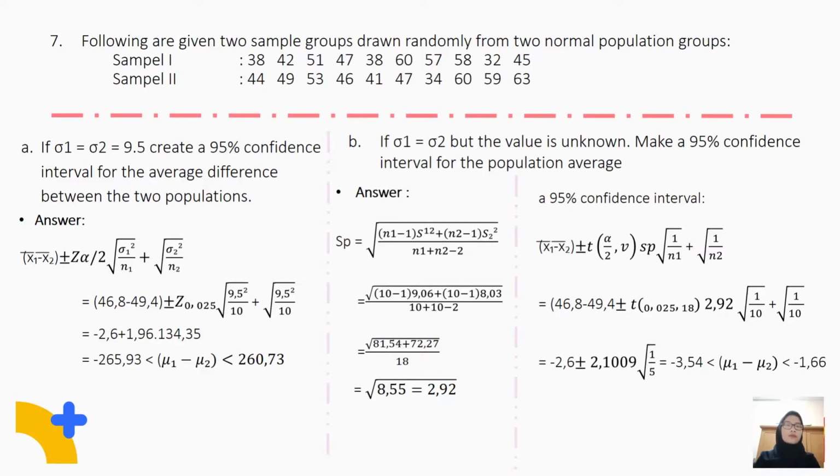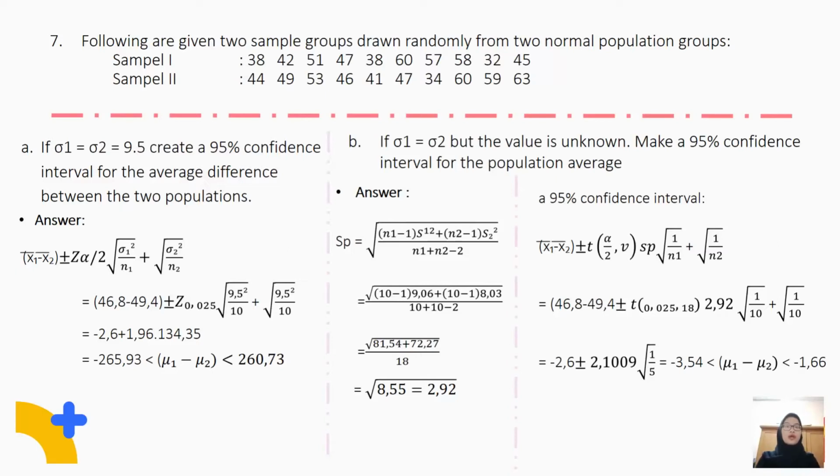Answer for A is x1 average minus x2 average plus or minus z alpha over 2 times square root of sigma1 squared over n1 plus sigma2 squared over n2.